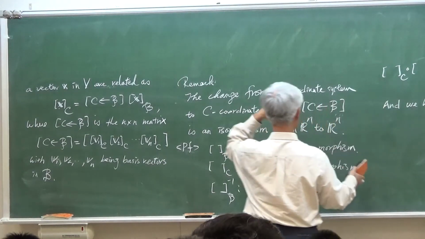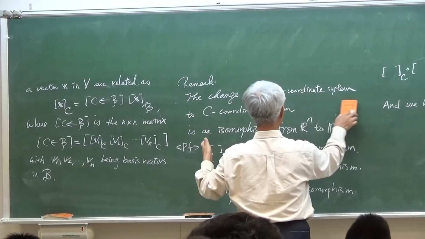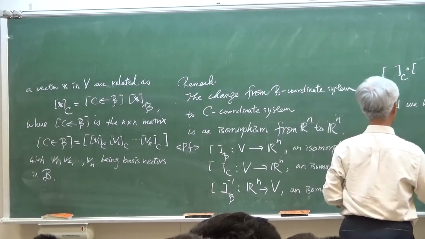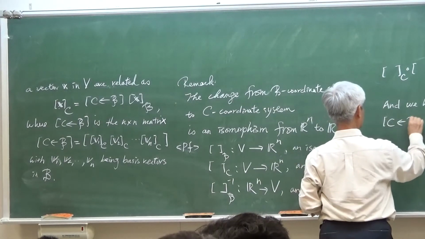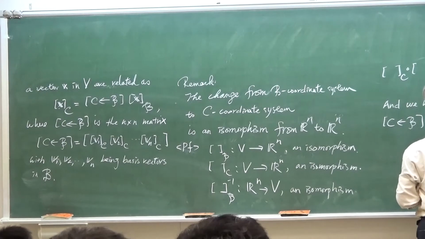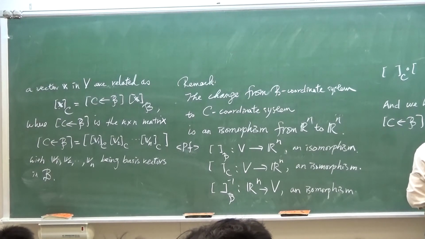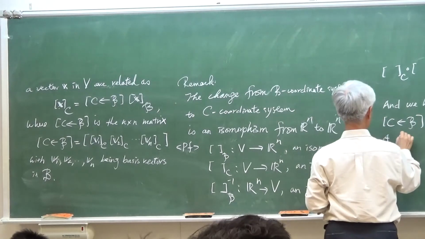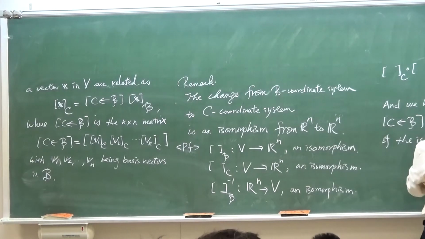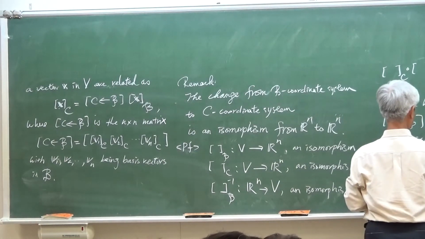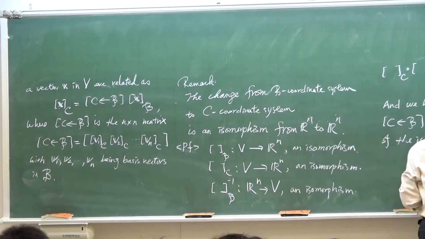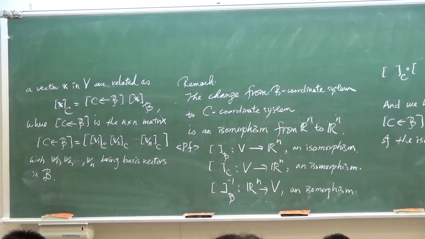I think I have to say that there's a change. We have just shown that this is the matrix representation of the isomorphism. Okay, so it's just a matrix representation.